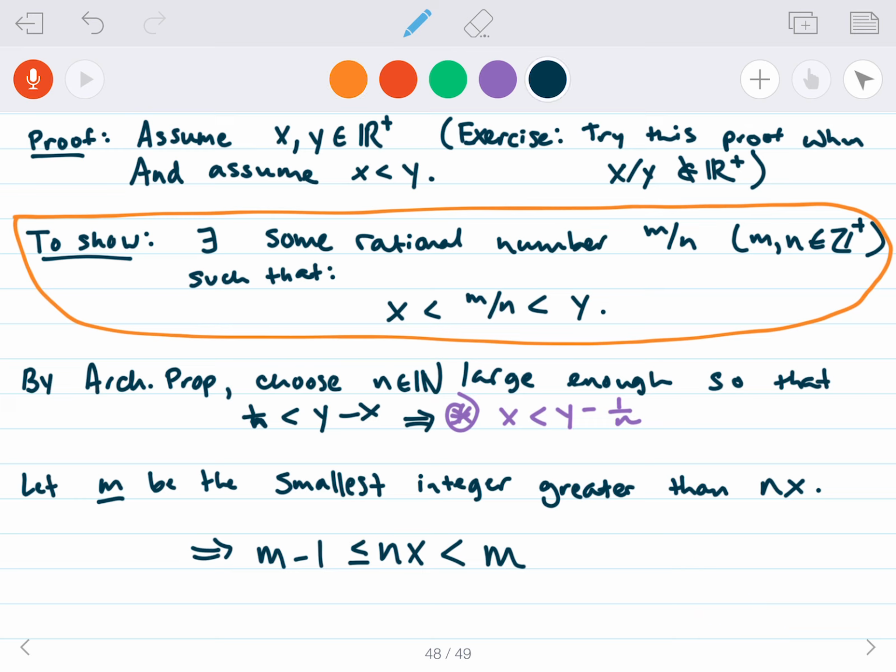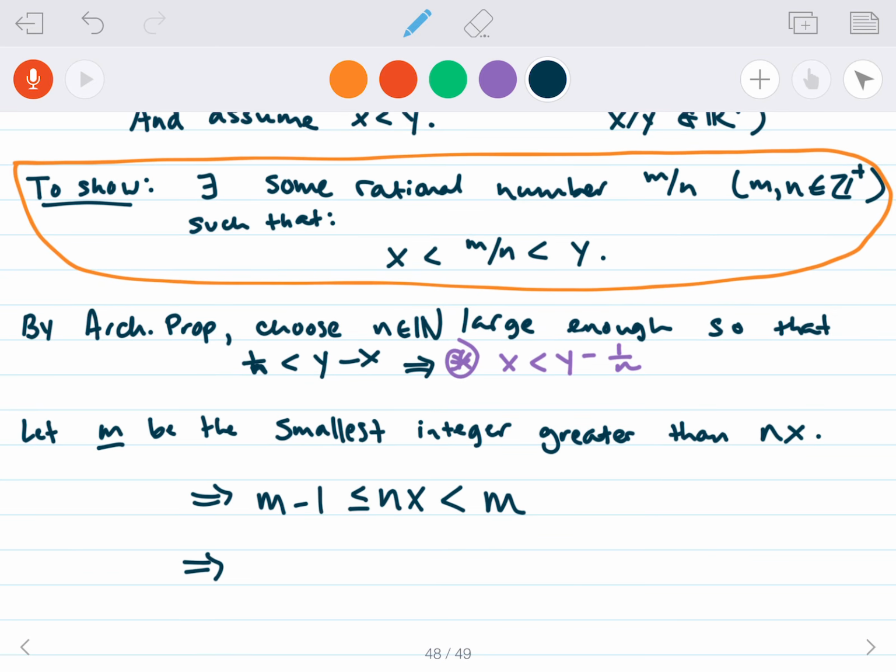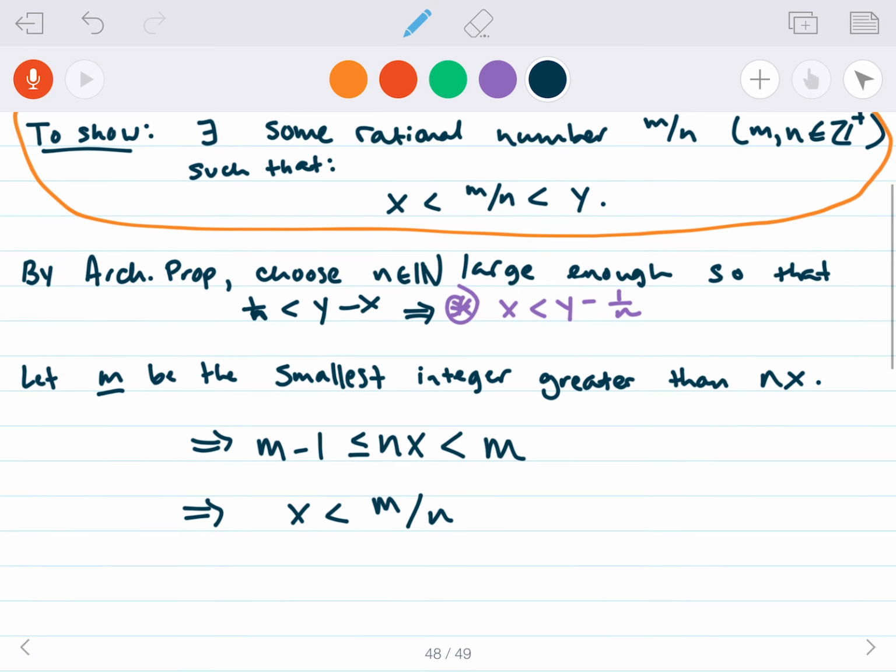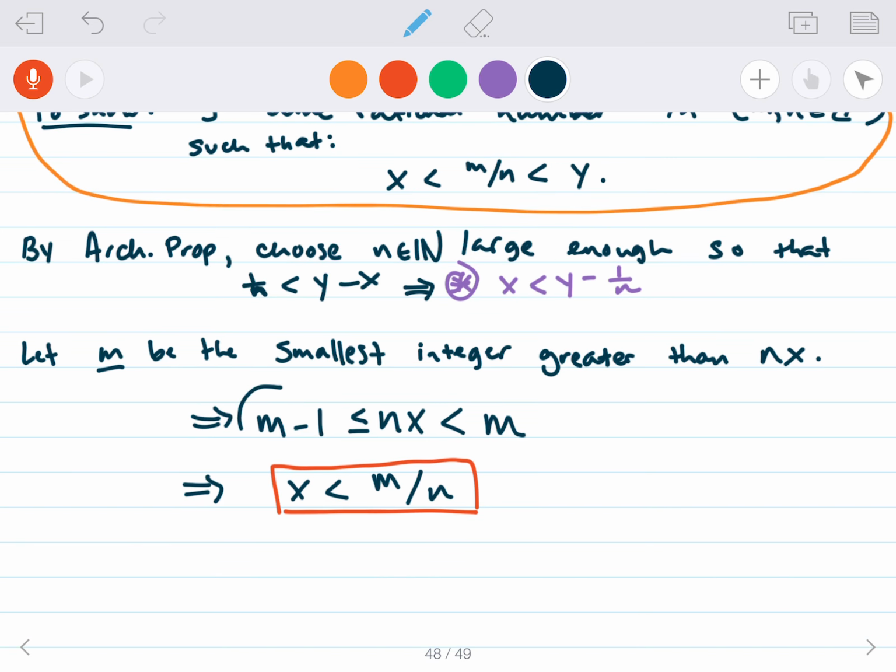Okay? So continuing on, just rearranging the inequality, this piece of it, I'm getting that x is less than m over n. So I'm just going to box this. Now using the other side of the inequality, since m minus 1 is less than or equal to nx, this implies that m is less than or equal to nx plus 1, just rearranging here.